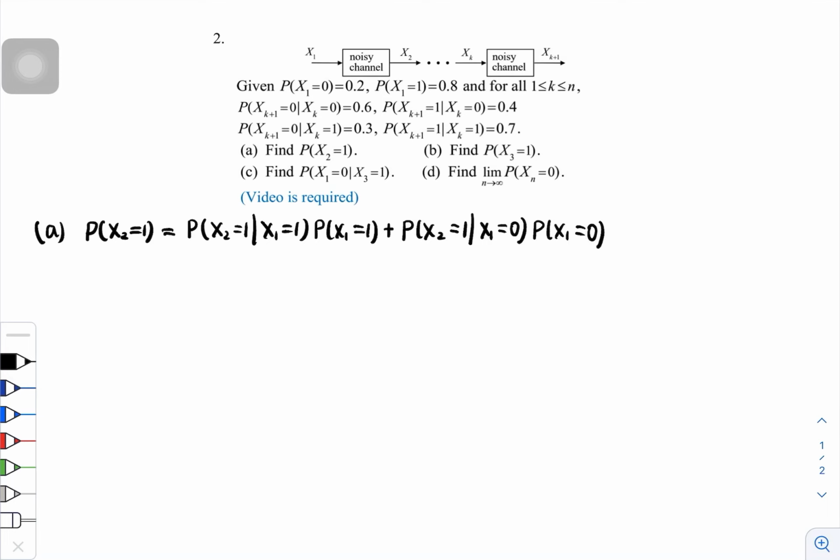So the answer is certain. 0.7 times 0.8 plus 0.4 times 0.2, and the final answer is 0.64.